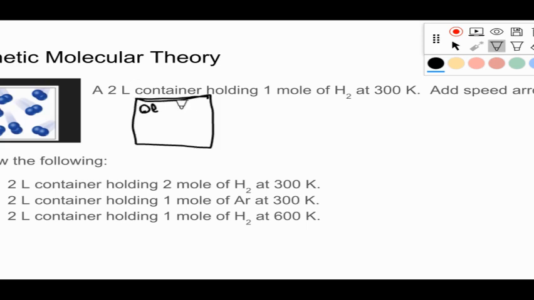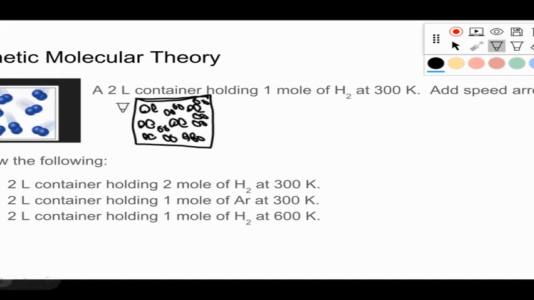I'm going to try to keep all of them about the same size. So mine are rubbing into each other, but in essence, that's what you're going to end up with.